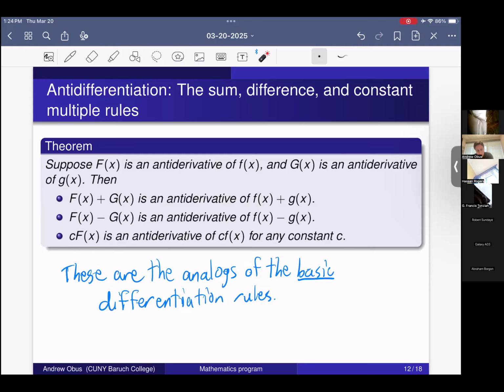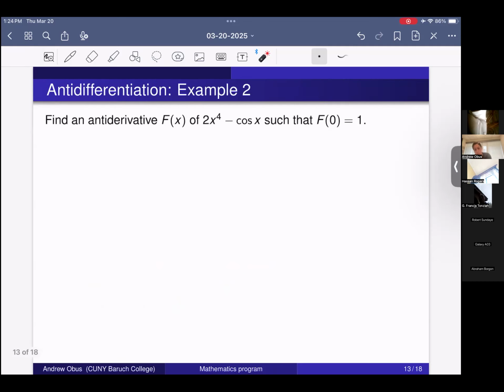Okay, so let's do another example. So now I want to find an antiderivative of 2x to the fourth minus cosine of x, but I don't want just any antiderivative. I want an antiderivative such that f of 0 is equal to 1. Okay, so this is going to mean I need a very specific antiderivative, right?